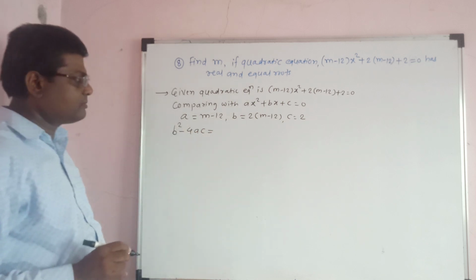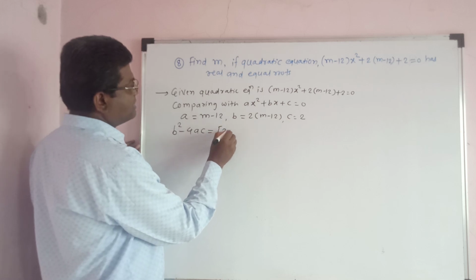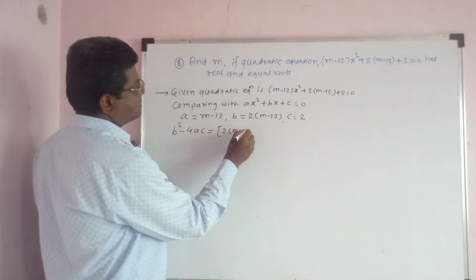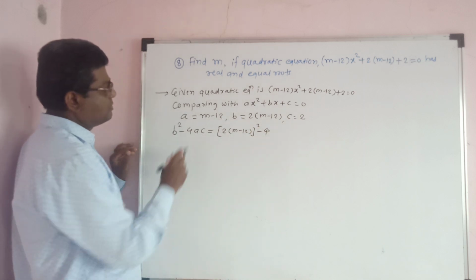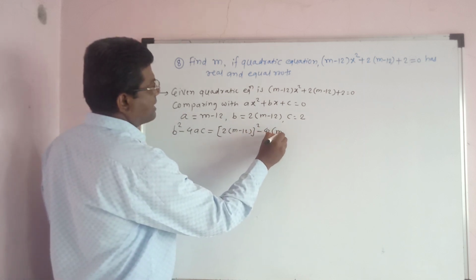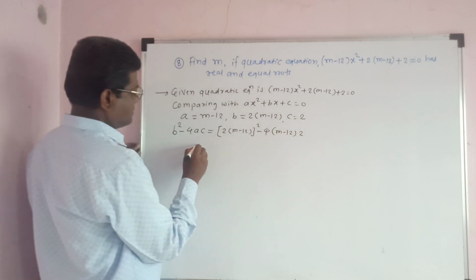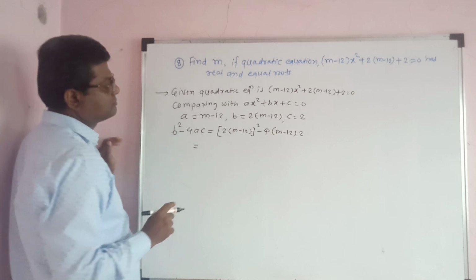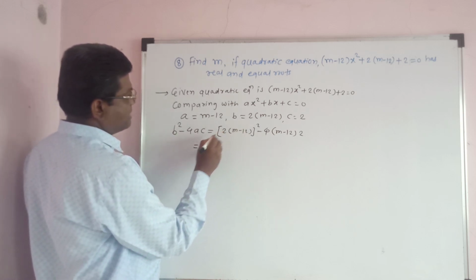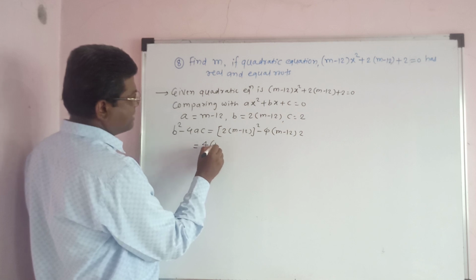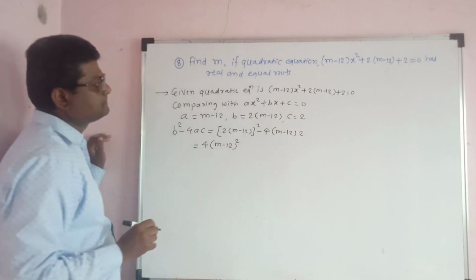b² − 4ac is equal to [2(m − 12)]² − 4 into (m − 12) into 2. Now square this bracket, we get 2² is 4 into (m − 12)².